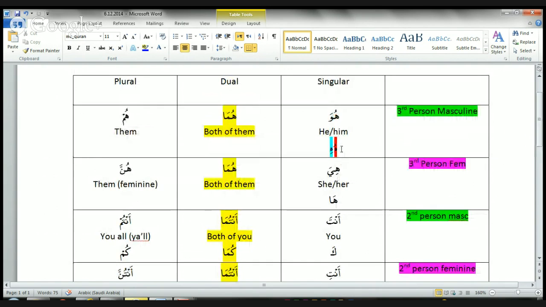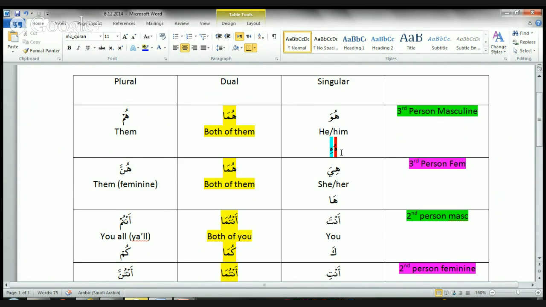But for example, let's say I have kitabuhu, his book. Because it's an attached pronoun on kitabuhu, what is the status? It's nasab. Okay. So kitabuhu, it's nasab.